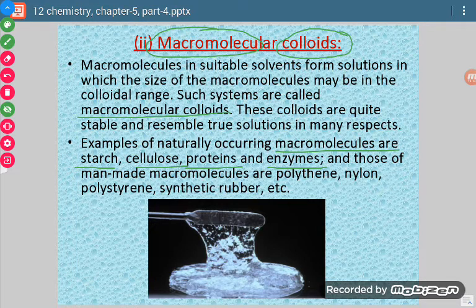These were naturally existing macromolecules, and there are man-made macromolecules also, like polythene, nylon, polystyrene, synthetic rubber. These are all man-made, not natural, they are synthetic macromolecules. Now you can see the consistency. If this type of consistency and thickness is there, then it is a type of colloid.